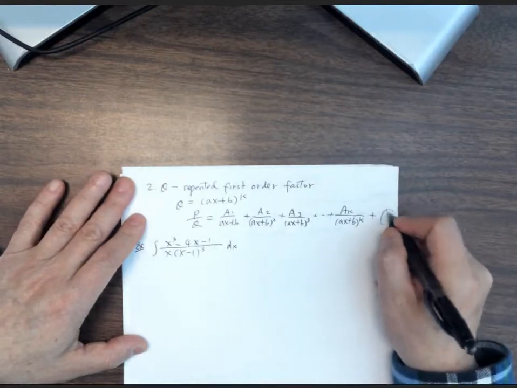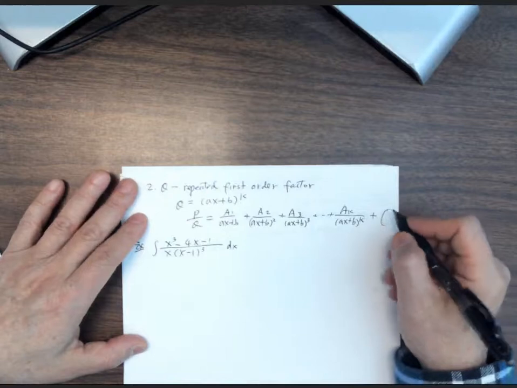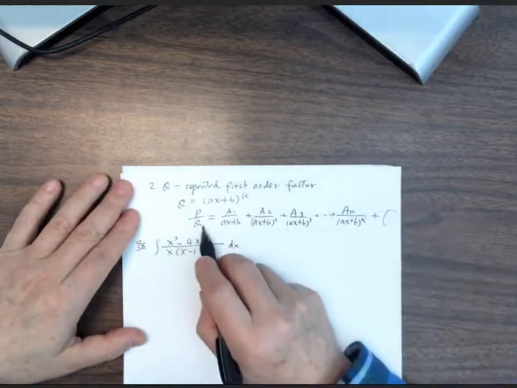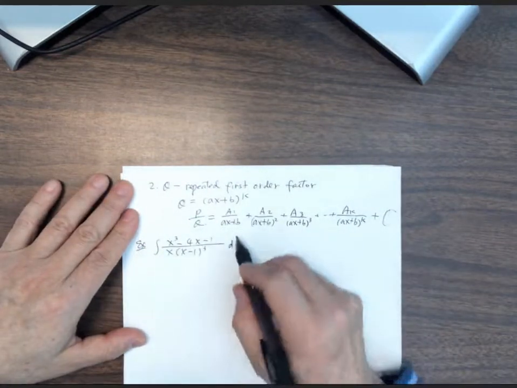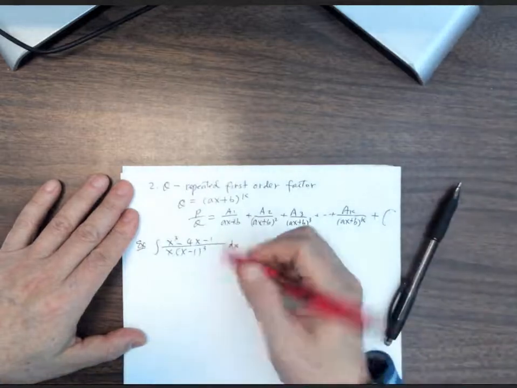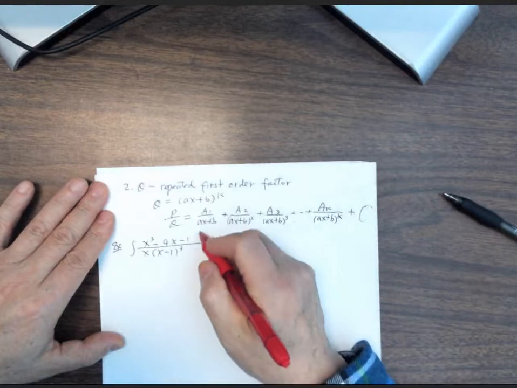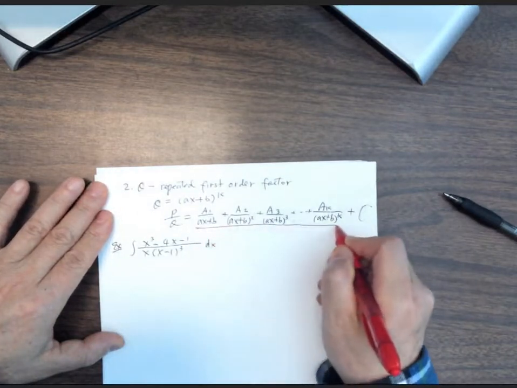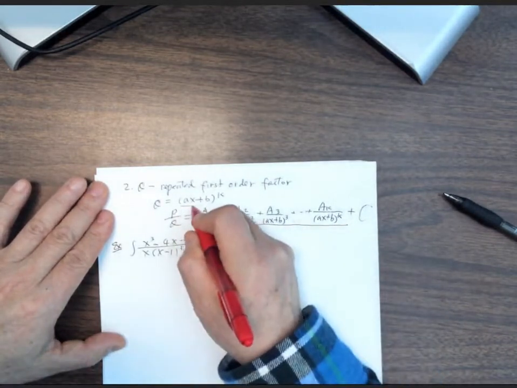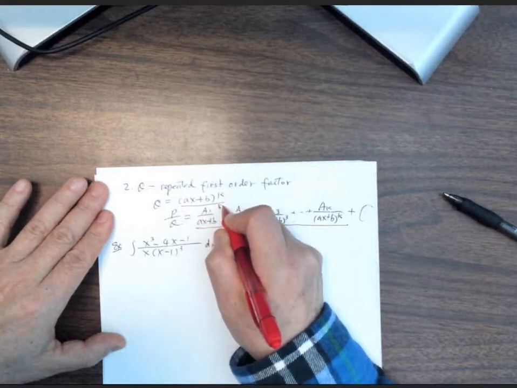and other partial fractions corresponding to other factors. So these k partial fractions are all corresponding to this repeated factor.